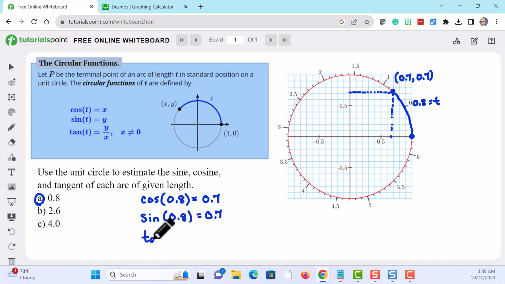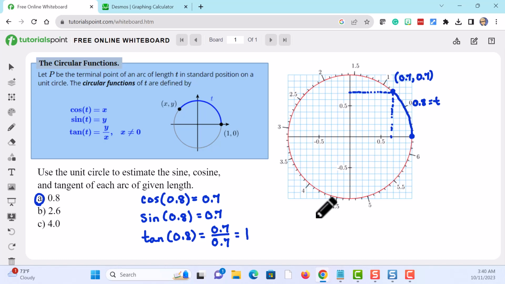And then to find the tangent of 0.8, we take the y-coordinate 0.7 and divide by the x-coordinate 0.7, and we come up with 1. Now these are just approximate by using the unit circle.